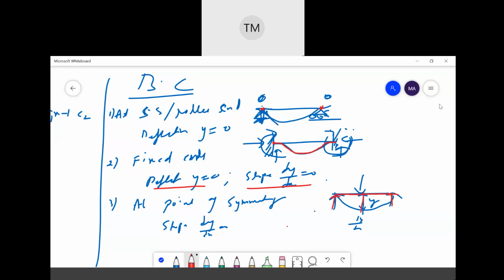Then the slope is 0, and deflection will exist. Is it clear? These are the three important points you have to remember. Next we are going to the derivation part.